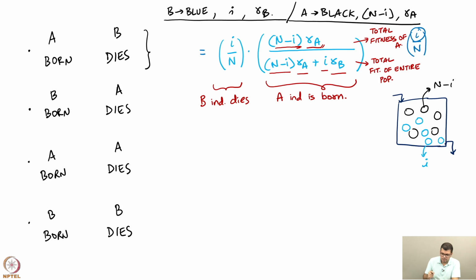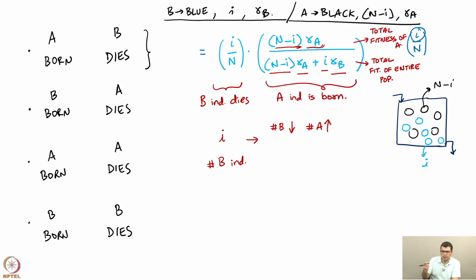One more thing before we move forward is, if this happens, then what happens to the state of the system? Remember, the system was at state I, that means the number of B type individuals was I. If a B type individual dies and an A type individual is born, the number of B type individuals reduces by 1 because a B type individual died, and the number of A type individuals increases by 1 because an A type individual divided.